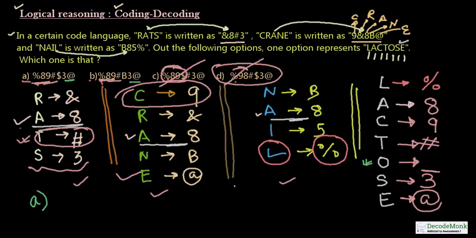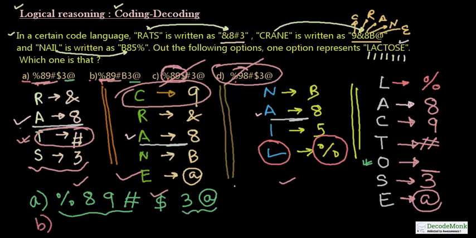Option A is percentage 8 9 hash. Till here we have seen that this is correct. Then it is written dollar 3 at the rate. This portion is also correct. Option B is percentage 8 9 hash B 3 at the rate. So here also this portion is the same. The only difference is there for O.